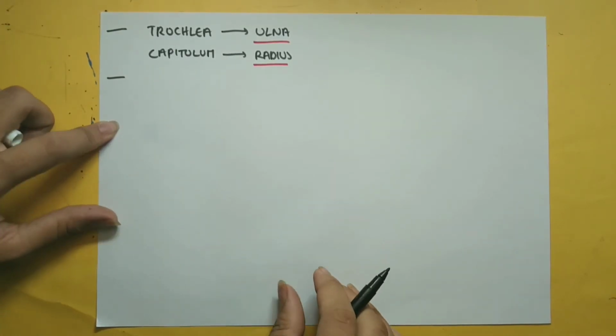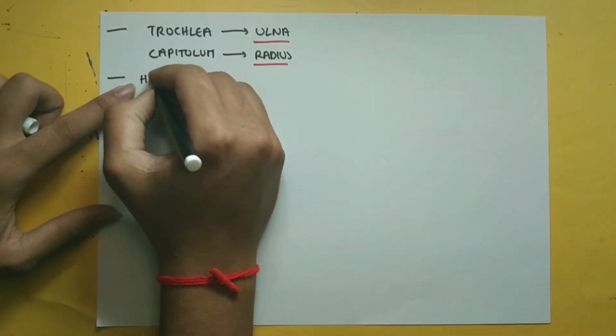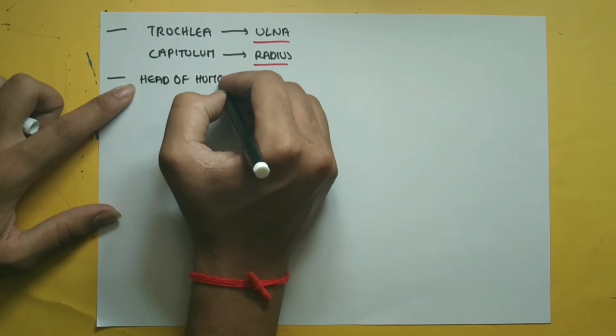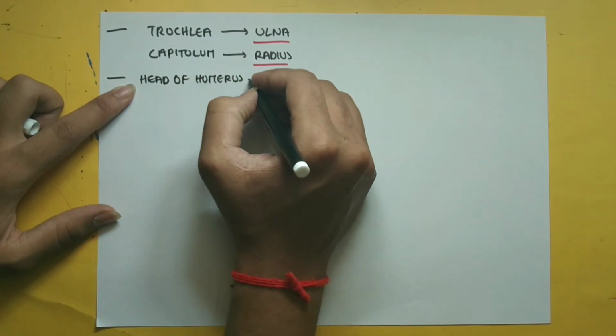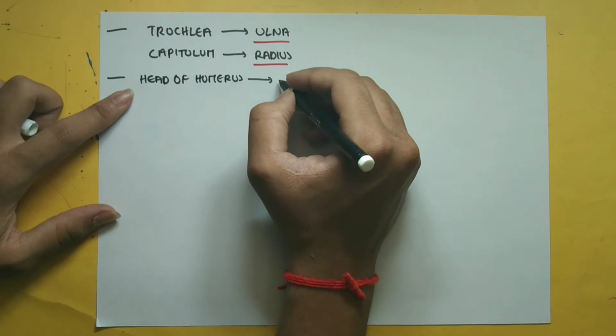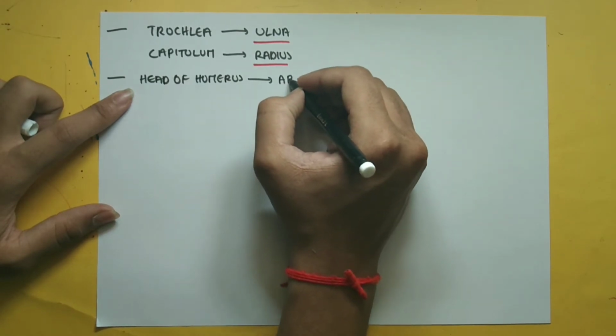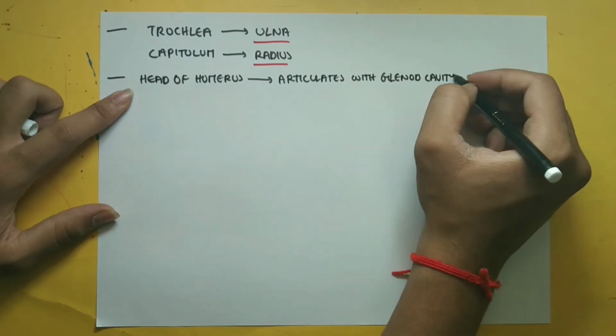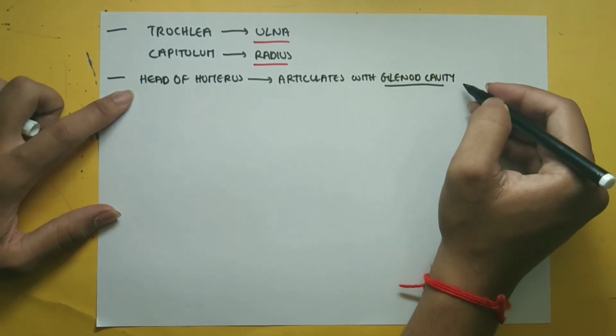So what does the head of the humerus do? It articulates with the glenoid cavity. So what is glenoid cavity?